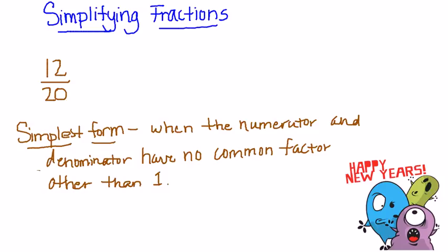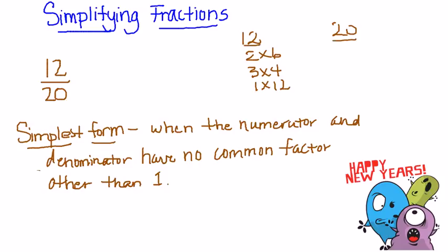If I look at the number 12, what are some factors of 12? We could do 2 times 6. We could do 3 times 4. We could do 1 times 12. Now let's look at factors of 20. You don't have to do this every time. I'm going to show you a simple way to do this, but just so you understand what I'm talking about.